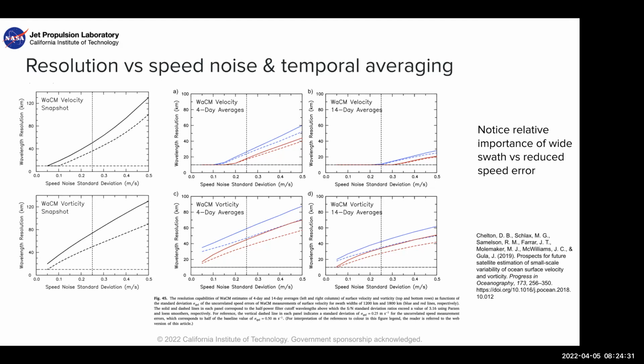So this contrasts to the requirement in the SWOT mission where they have a ratio of just 1. So it's a pessimistic assessment of what the resolution is. You see instantaneous, and then as you average over 4 days and 14 days, you can see you can get much better resolution. The top panels are for kinetic energy, the lower ones are for relative vorticity.